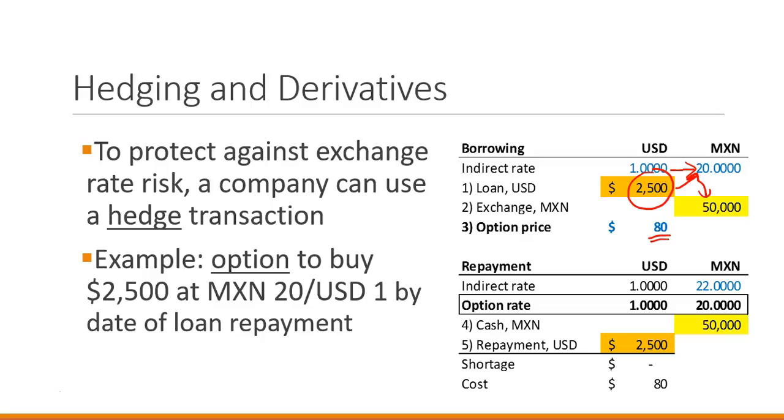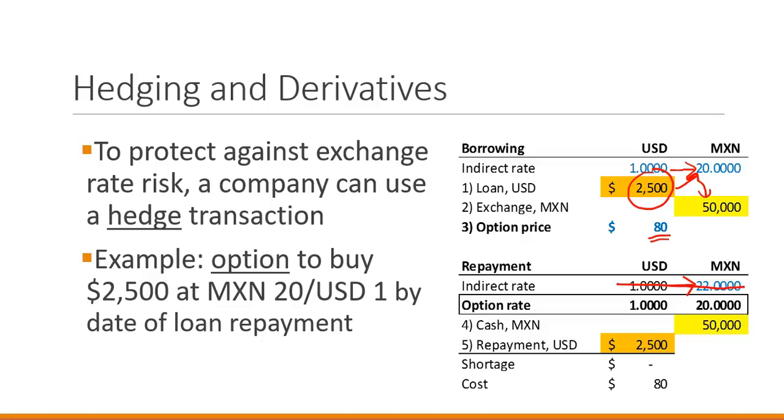So let's see what happens at the time the loan is due. As we saw previously, the exchange rate between dollars and pesos has now changed. It is 1 US dollar equals 22 pesos. But we don't need to transact at that unfavorable rate.